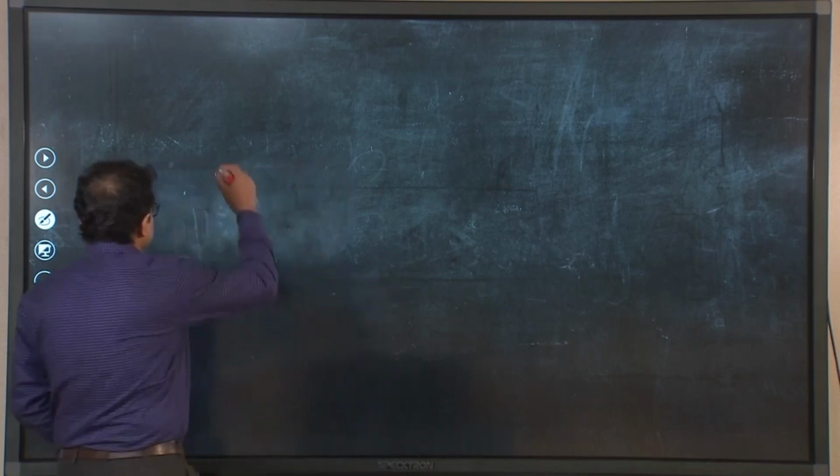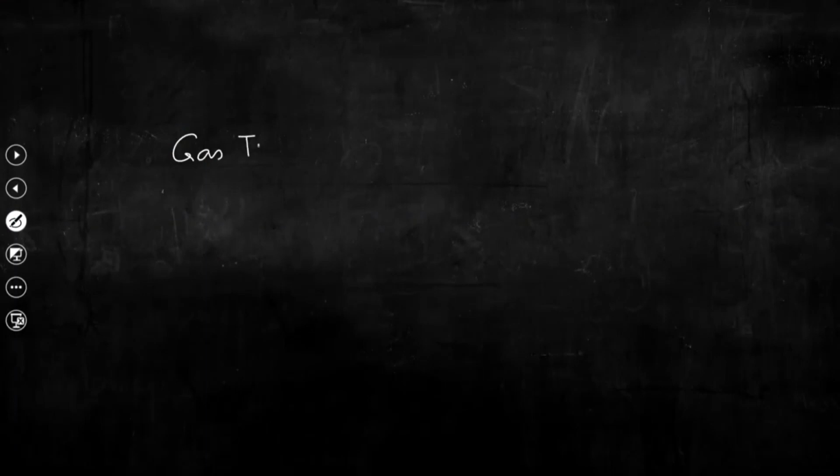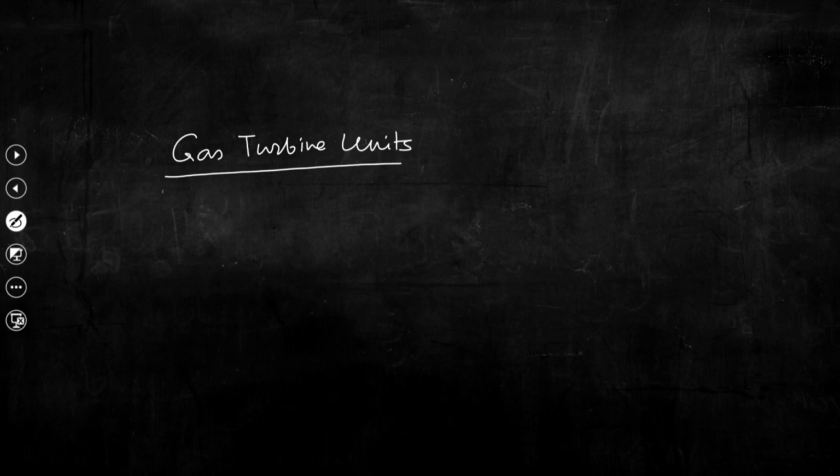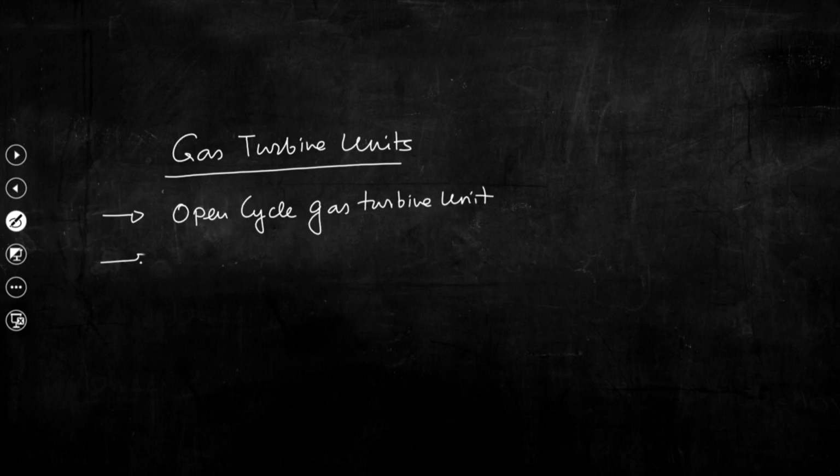So, today we shall discuss about gas turbine units, and let us start our discussion with the classification of the gas turbine units. There are two broad classes of gas turbine unit. First one is open cycle gas turbine unit, and second category is closed cycle gas turbine unit.